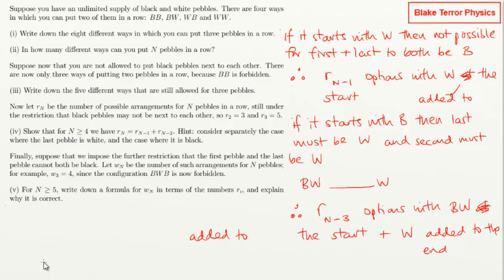Okay, so we've then got, therefore, Wn is Rn minus 1 plus Rn minus 3. Cool. So that's done that one.